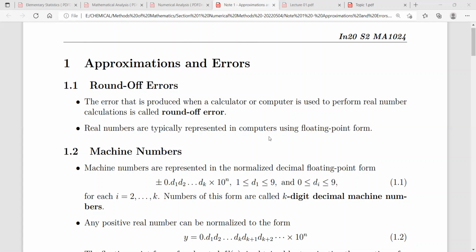Then its derivative f dash x equals df(x)/dx. But we have some functions that we cannot differentiate using traditional laws. The derivative of sin x is cos x, the derivative of cos x is minus sin x, and we use such laws to differentiate the functions we have. But there are some functions that cannot be differentiated using those laws.